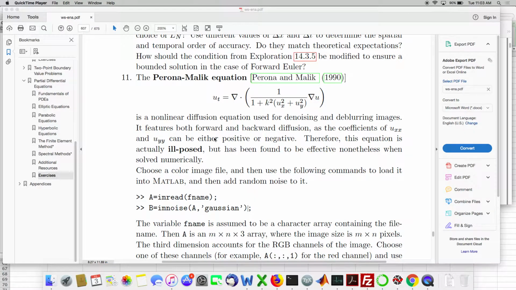So I have something a little different in store. It's meant to pave the way for some sort of default project if you don't come up with one of your own. So I wanted to do something more interesting, a nice visual application. So we're looking at image processing, and in particular, image processing based on solving nonlinear PDEs, nonlinear diffusion specifically.